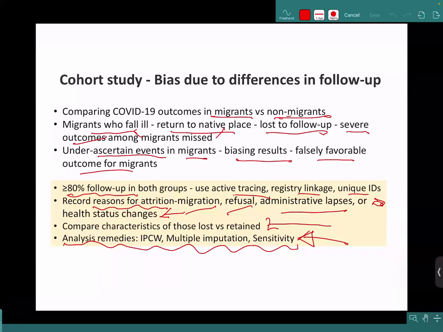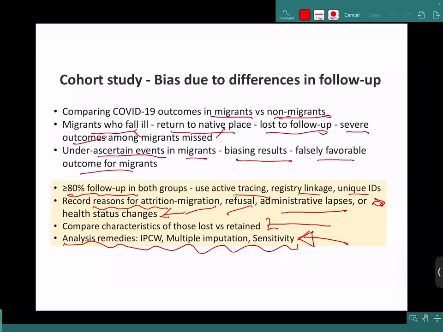Then we saw how selection bias can creep into analytical studies, beginning with case control studies. We focused on how biases can occur when we recruit cases, and then when we recruit controls. Then we saw in cohort studies how problems in the comparison groups can cause biases. And then in interventions, we saw that if allotment is not done properly and randomization is not practiced, there can be selection bias.